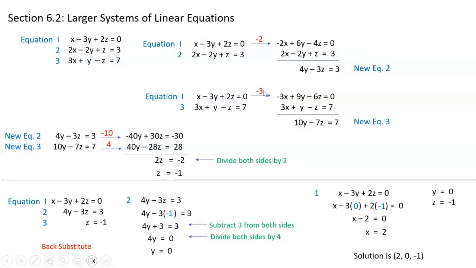So you're going to get 2 new equations, new equation 2 and new equation 3. And if we notice, those 2 new equations don't have an x variable. So then you use the new equations 2 and 3 and you get rid of the y's. And after that, you're going to get something like z equals something. And then you go back and substitute. Okay? That's to recap what we just did.